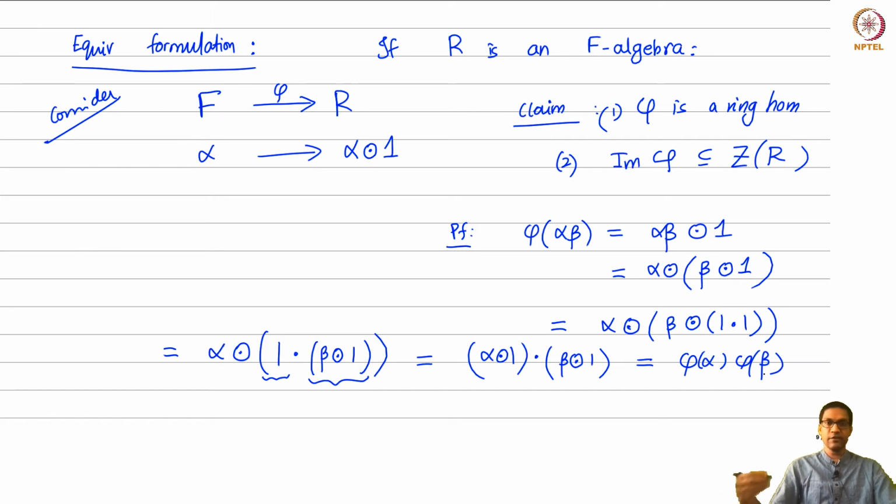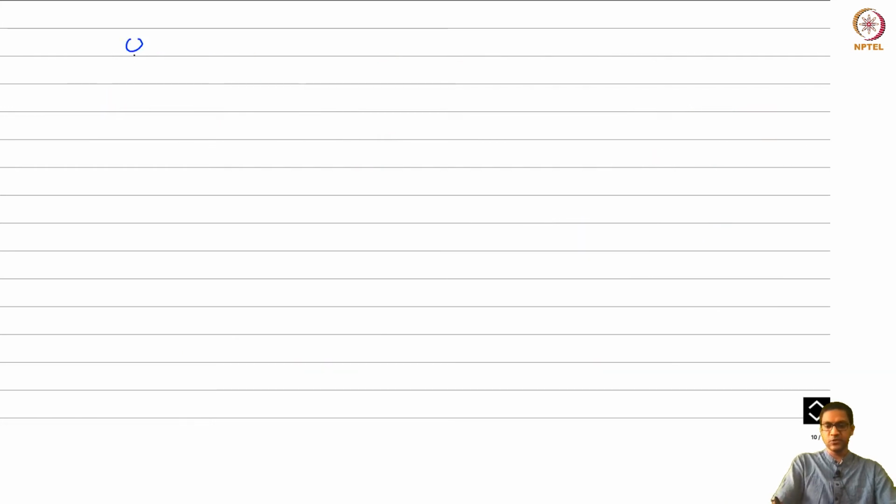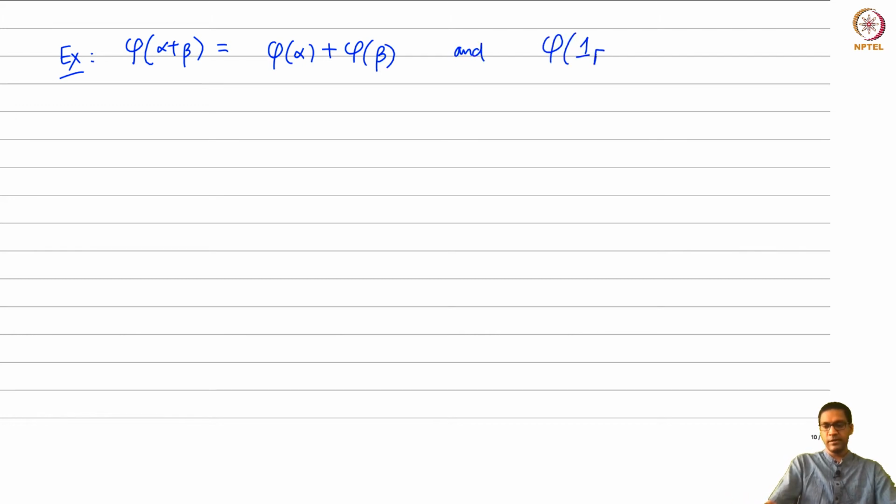Similarly, check phi of alpha plus beta; I leave that as an exercise. And the unit element of the field maps to the identity of the ring, which is the easy part. So it's a ring homomorphism.